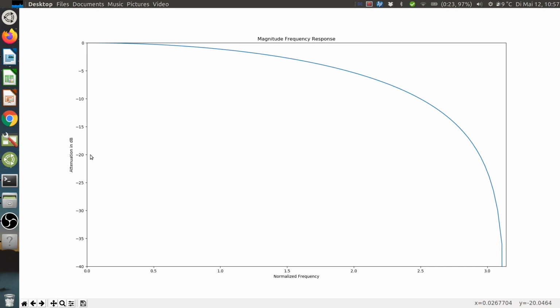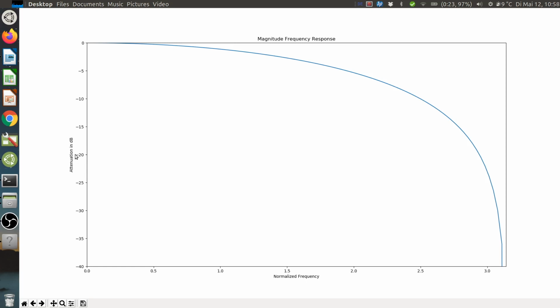Minus 20 divided by 20 is minus 1. So minus 1 is the log base 10. Then we apply 10 to the power of this to get our magnitude. So 10 to the minus 1 is the magnitude of H, which is 0.1.